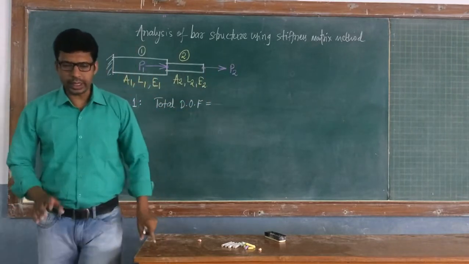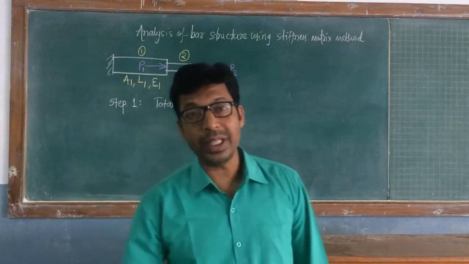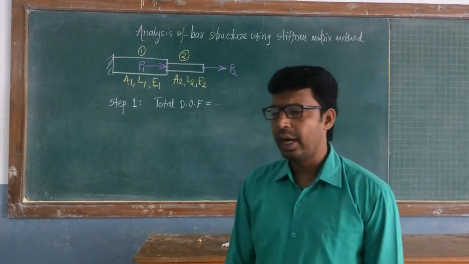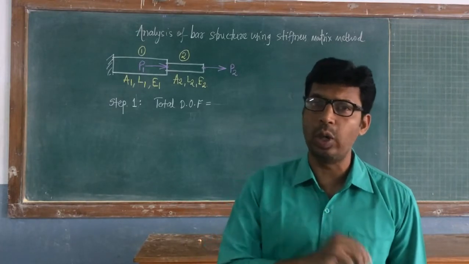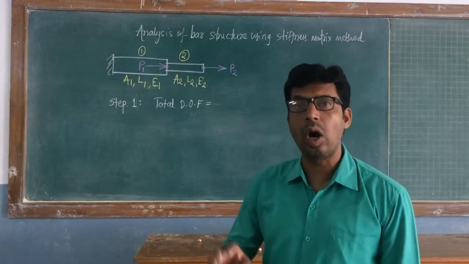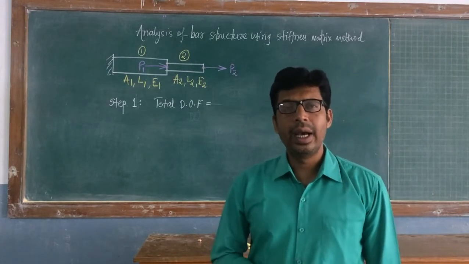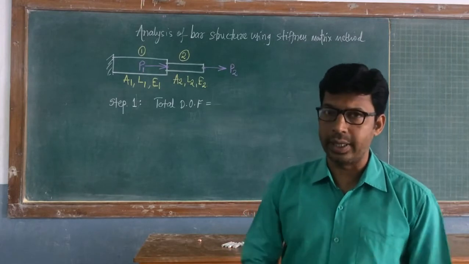Okay. Now since we are dealing with the stiffness matrix method, and stiffness matrix deals with the kinematic indeterminacy of the structure, and kinematic indeterminacy we are taking at the nodal joints only. Joints where two members are connected or the end of the member. So we are considering kinematic unknowns at only joints, not at any point.